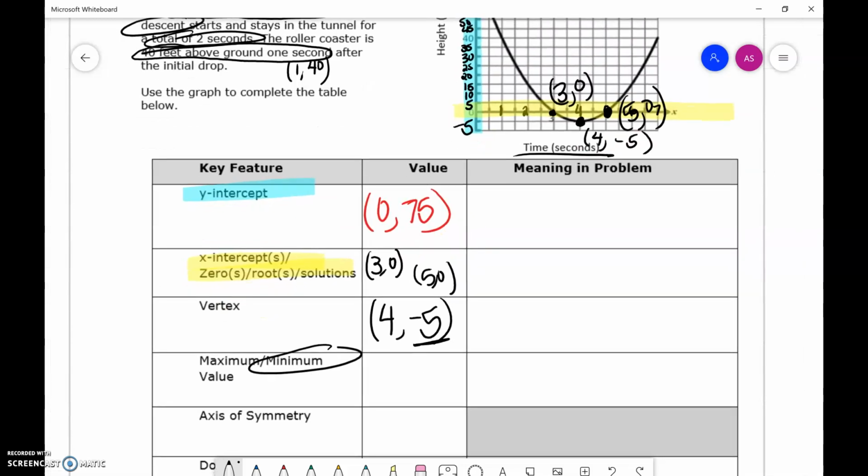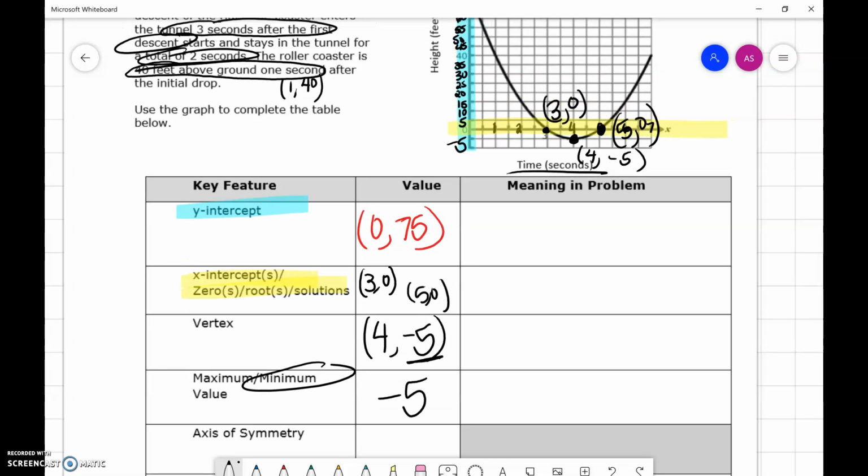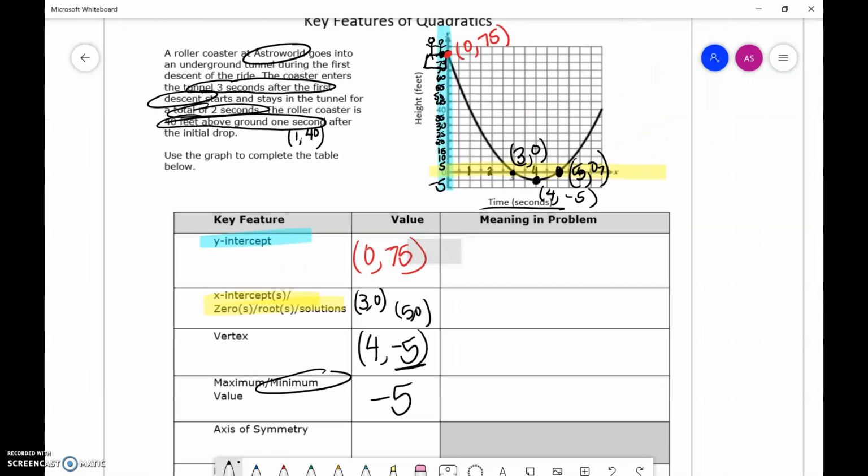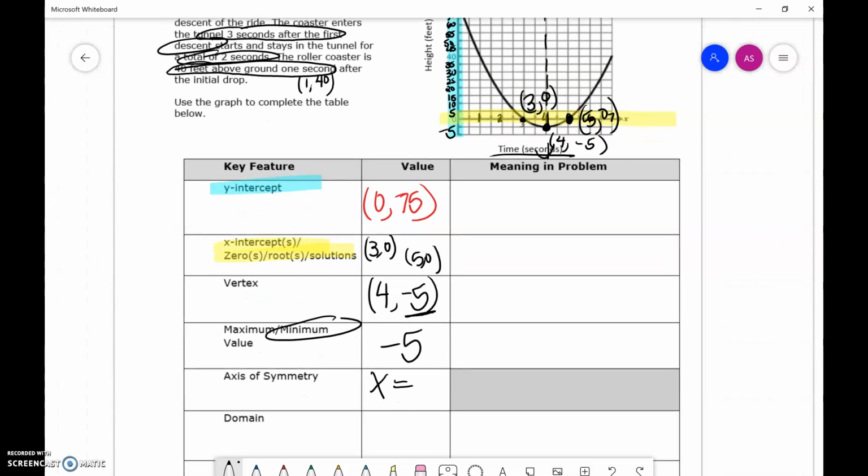And remember, our minimum value is the y value of our vertex, so it's going to be -5. Okay. Our axis of symmetry. Remember our axis of symmetry goes straight through our vertex, and it has to be x equals because it's a vertical line. So that's going to be x equals 4.